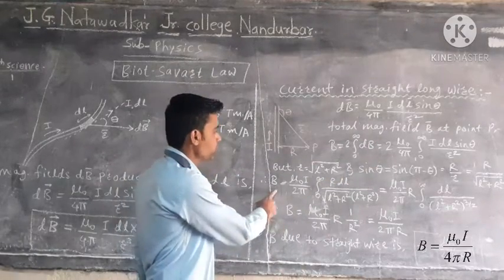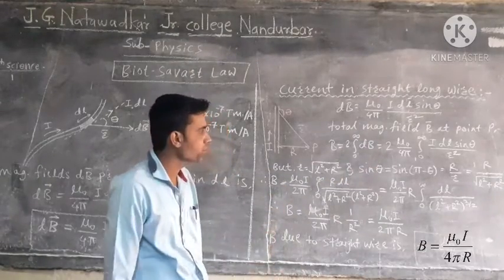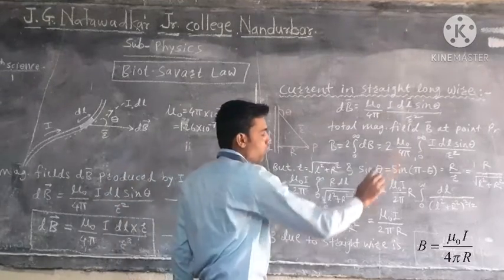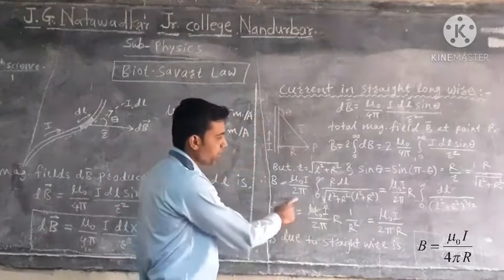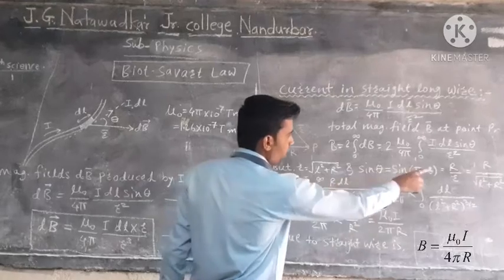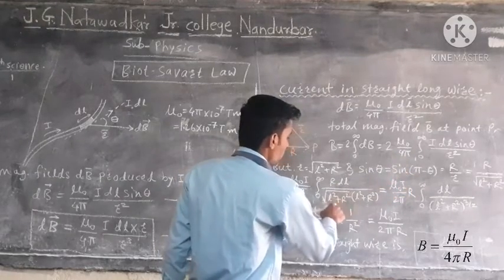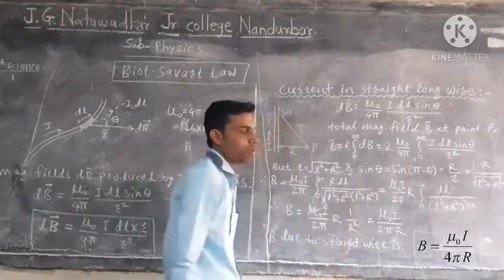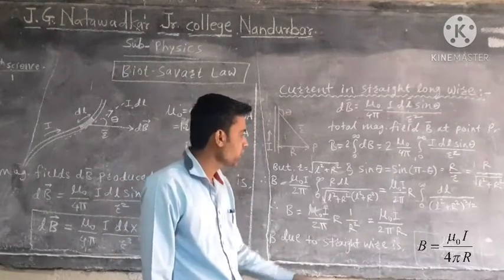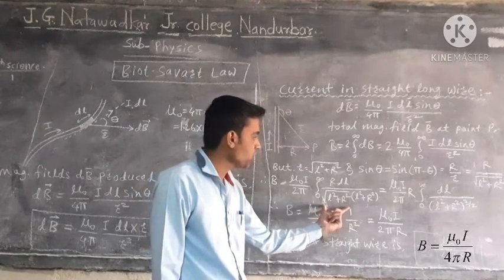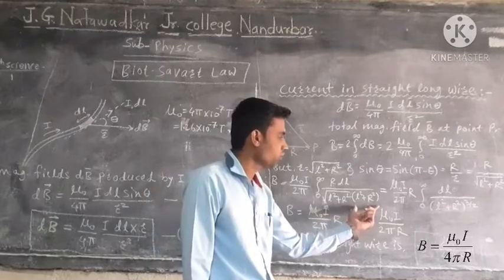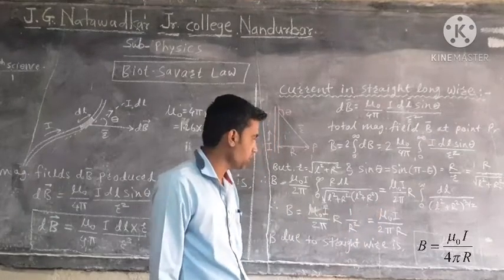So our equation becomes B is equal to mu0 I upon 2 pi. Here 2 is cancelled with 4, so only 2 pi is remaining, and integration R dL upon under root L square plus R square into L square plus R square. Okay, here we have to consider the first term in square root and the second one which is only in simple bracket.